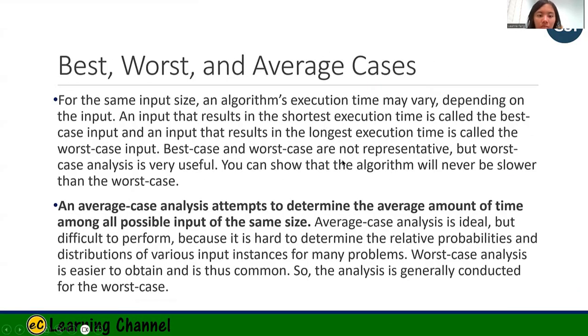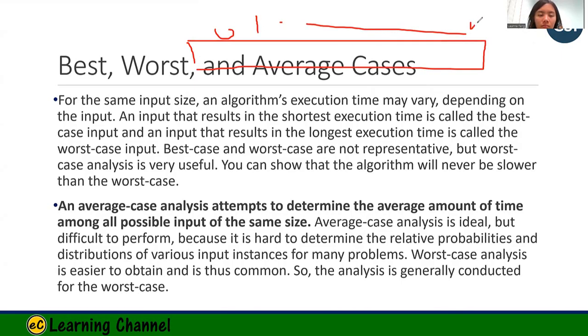Then sometimes you need to evaluate the worst case scenario, sometimes the average case scenario. Let's assume that you have an array. You have 0, 1, 2, 3, 4, 5, up to n minus 1. Okay, this is your array. You want to search if the number A is in there. The best case is the first one you hit. So it is order of 1, just one operation and you get it.